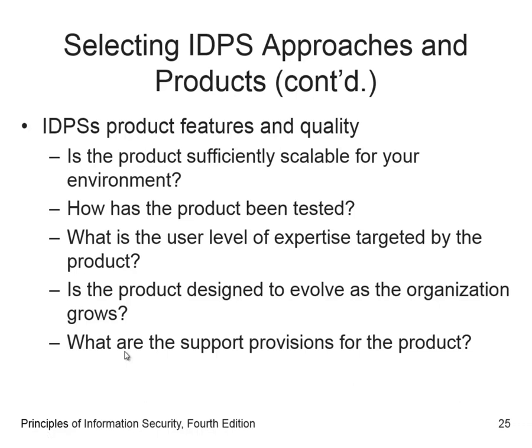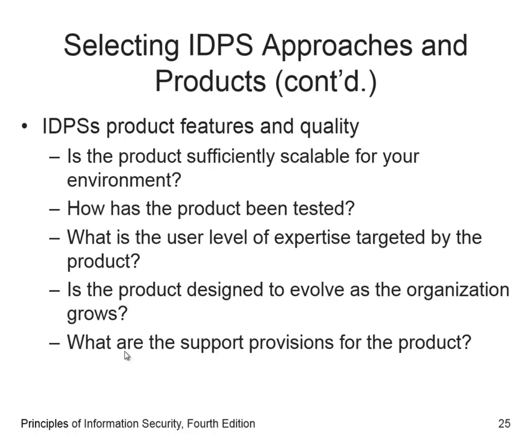IDS products, features, and quality vary from one product to another, and we need to look at the different questions that will assist in identifying the proper features for the company. We can look at the scalability of the product compared to the environment.